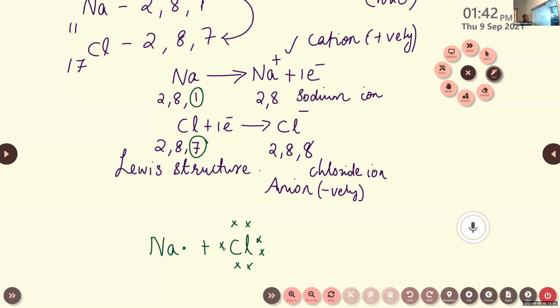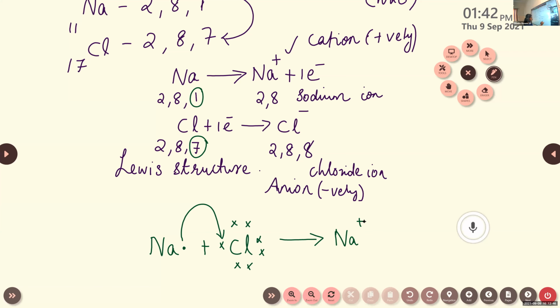When these two elements, one metal and one non-metal, react together, the sodium will donate 1 electron to chlorine. So sodium chloride is formed. The only 1 electron present in the outermost shell of sodium is donated to chlorine. Then it will become Na plus.